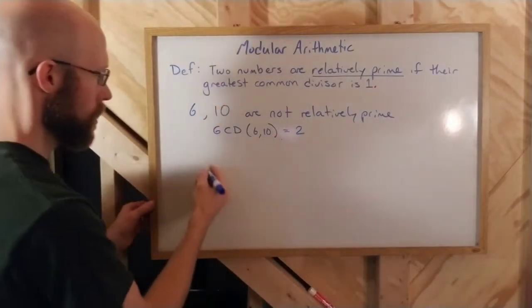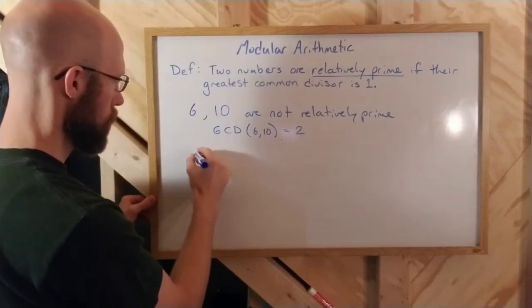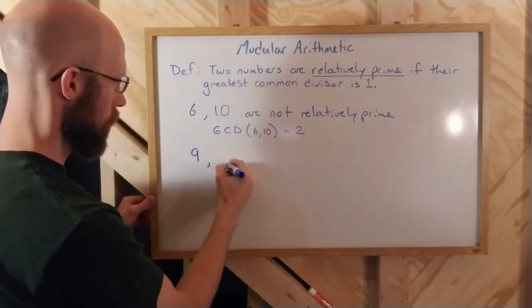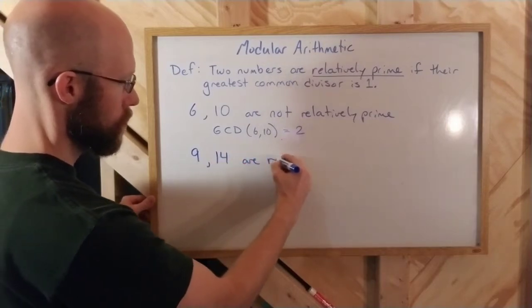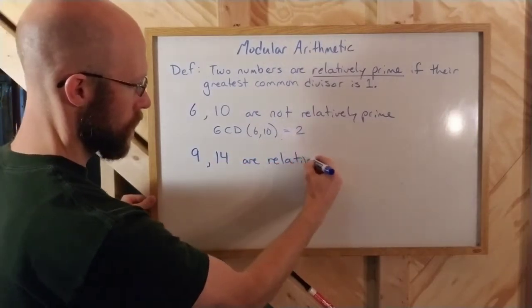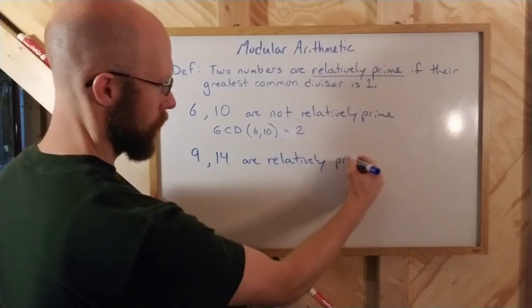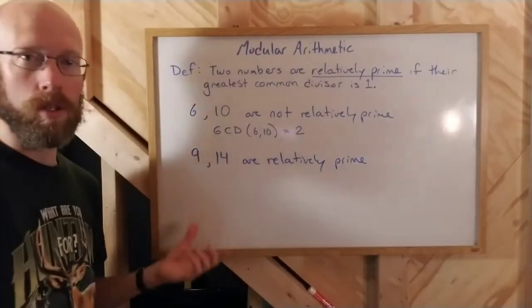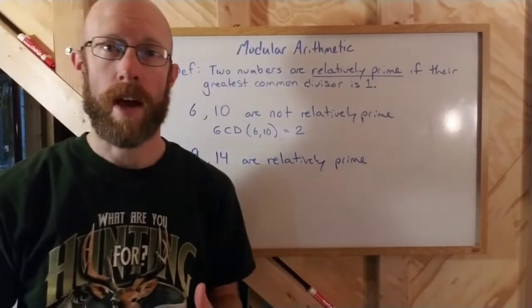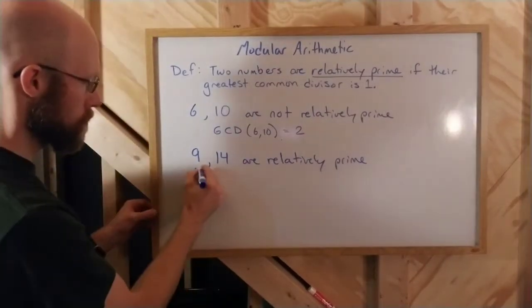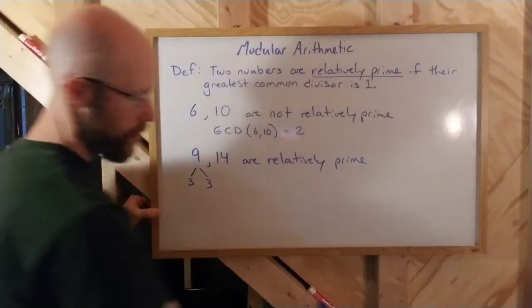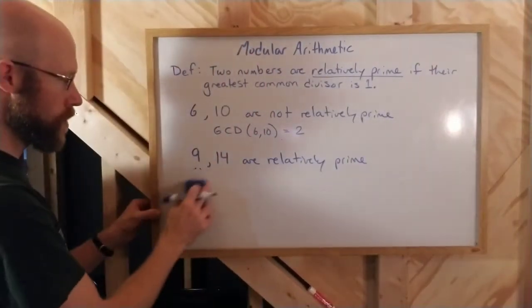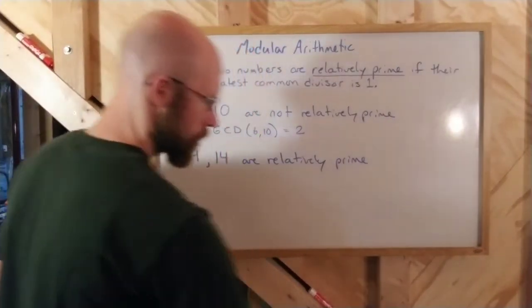How about 9 and 14? They are relatively prime. Rather than doing a factor tree, you should probably look at the actual factors.